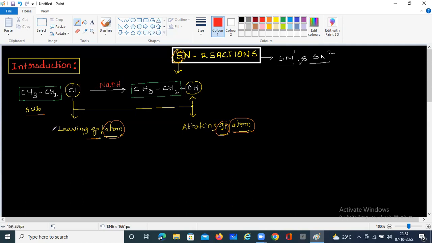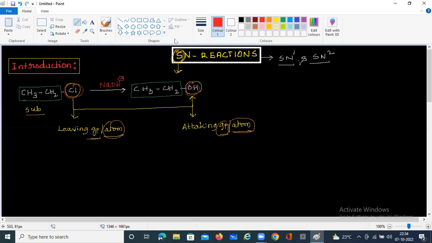That means here the chlorine atom is replaced with the OH group. So here OH minus, we know, is a nucleophile that is going to be substituted. Hence it is known as a nucleophilic substitution reaction. This is the basic part.